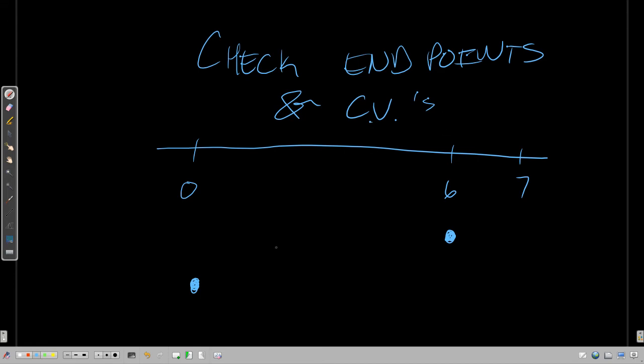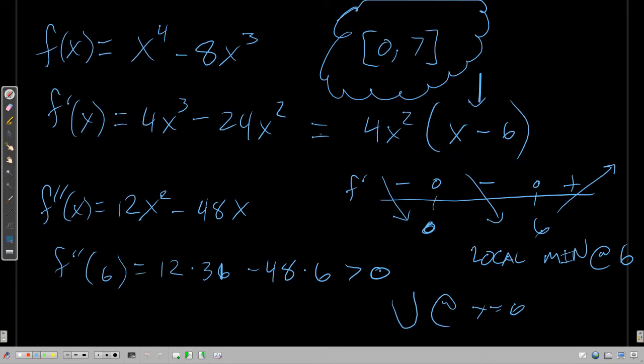But I'm not gonna learn anything about using my critical value of 0 because it doesn't have a relative extreme right there. It has to change from increasing to decreasing, or decreasing to increasing, in order to have a local extreme, and it does not do that at 0. So really, all I need to do is to find f of 0.